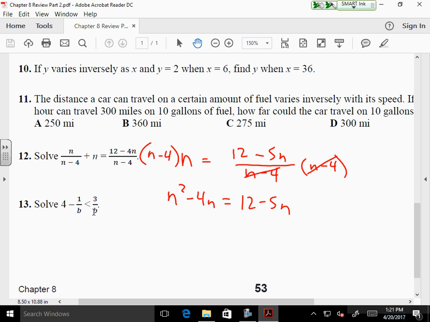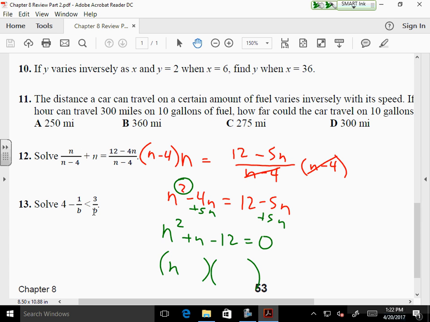And since I have a squared term, that tells me I'm probably going to have two answers, and I'm probably going to need to set this equal to 0 and factor. So n squared, let's see, add 5 to both sides, plus n minus 12 equals 0.